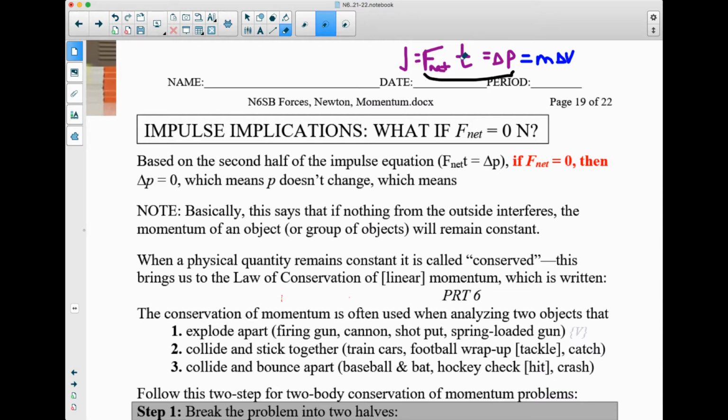This whole term will be 0, then the change in momentum must be 0. Which means if there's no change, it means momentum, well, there it is. There it is in English. Here it is in symbols. Momentum doesn't change, which means momentum is constant.